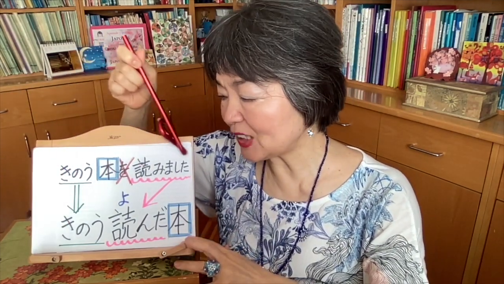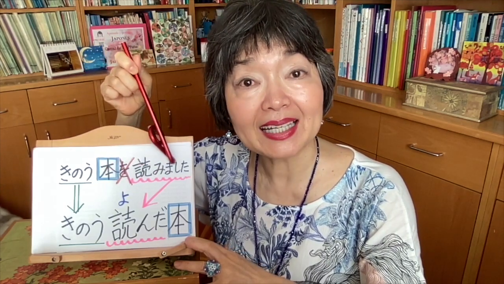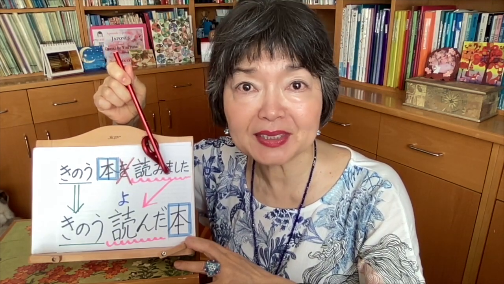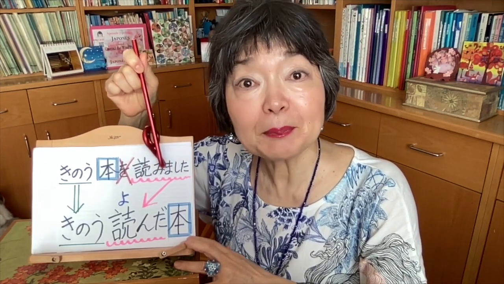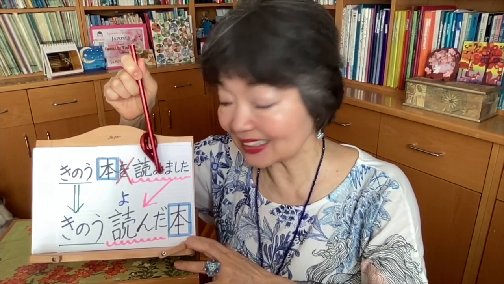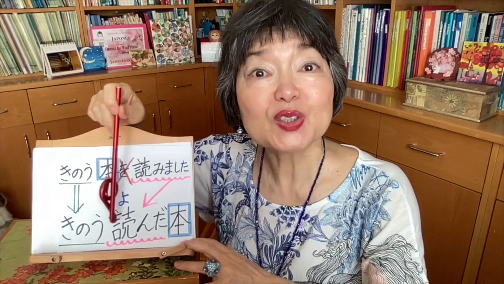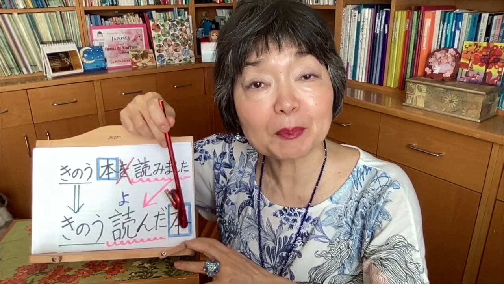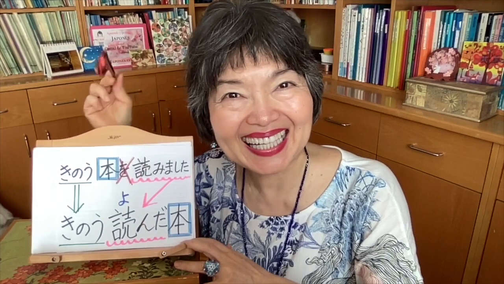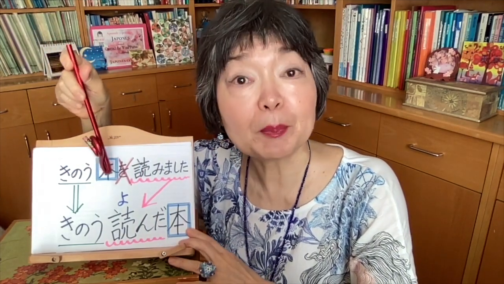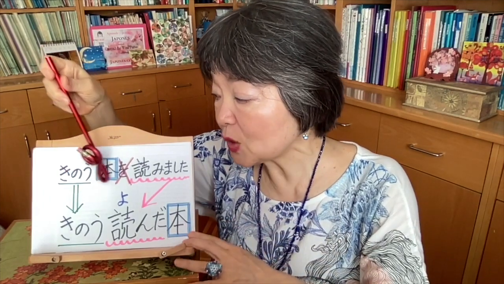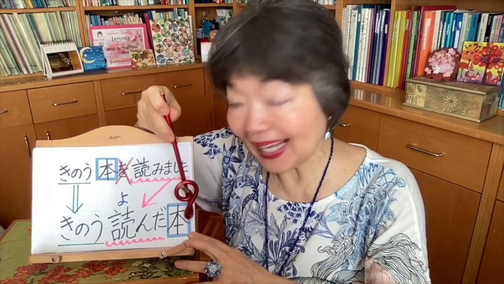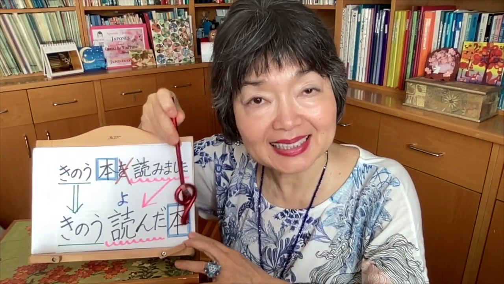And in this sentence, 読みました, I read. But I can't use it in the relative sentence just like this. This 読みました must be in the plain form. And in this case, 読んだ. So 読んだ本 means the book that I read. And this word 本, the book, is the word that I want to decorate. So this one comes at the end of the relative sentence.